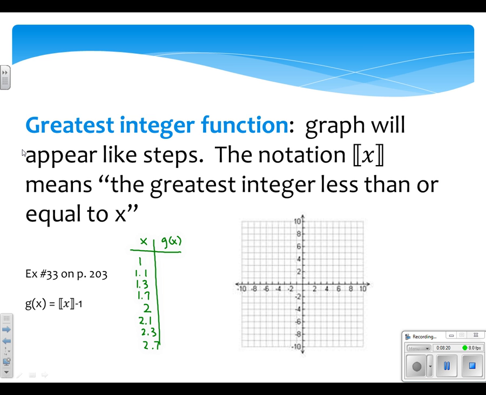Now, if I put my first x value in, the greatest integer less than or equal to 1 is 1. Subtract 1 then, 0. What if I put 1.2 in?